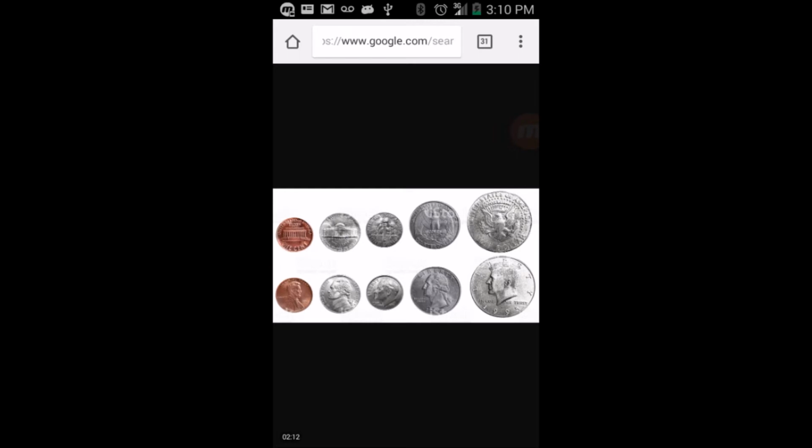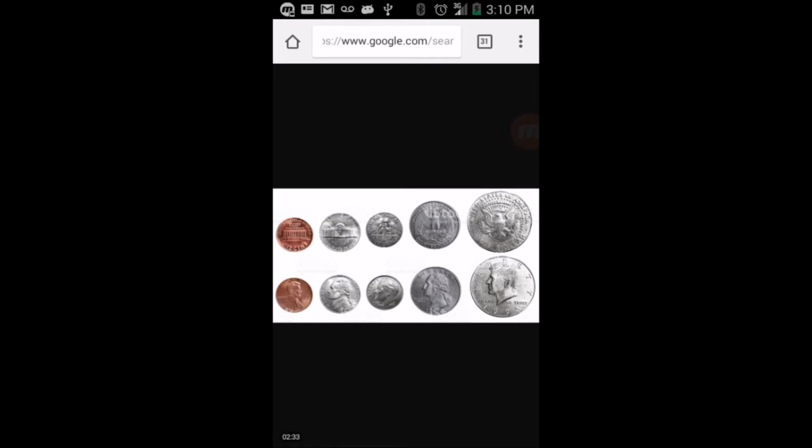The only difference is the bottom coins show the heads of the presidents, and the top coins show the back of the coin, like the eagle and whatnot. Let's focus on the heads of the presidents, which are the bottom coins.